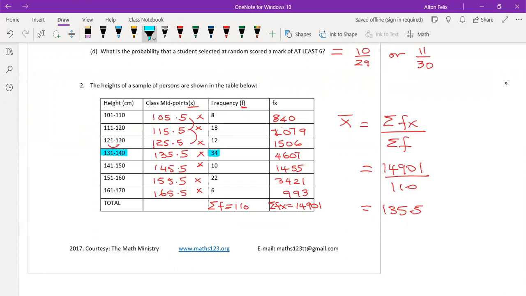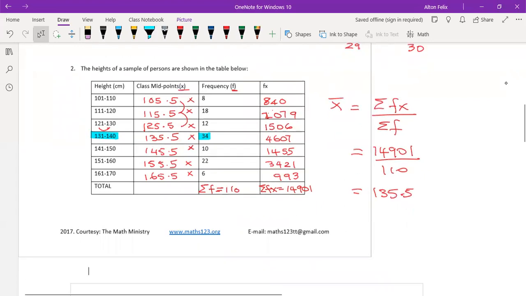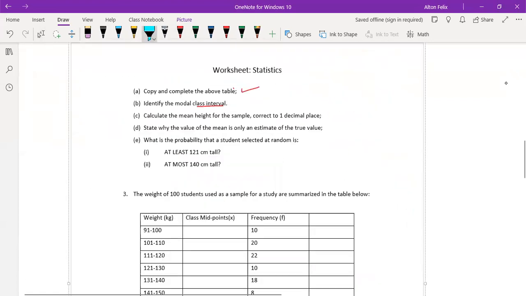So this will be the modal class interval here, 131 to 140. Right, and we just did this part, find the mean height. We just work it out, the mean height was 135.5.